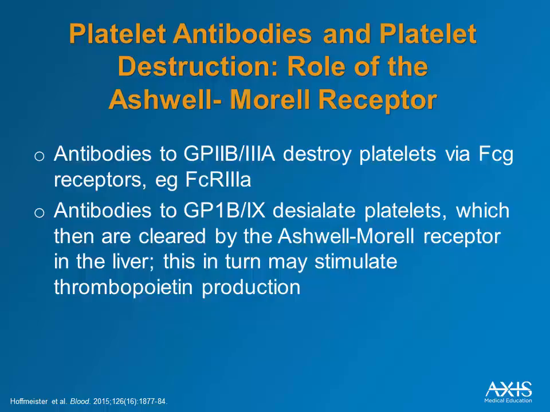In contrast, there is a growing school of thought based on a number of studies in mice primarily, but also in people, that antibodies to glycoprotein 1b9 may act to desialylate platelets, which means to take a terminal sialic acid off the glycoprotein 1b9, and by exposing a galactose, this then leads the platelets to bind to the Ashwell-Morell galactose receptor in the liver, and not only are the platelets thus destroyed in a different fashion, but this form of destruction may stimulate thrombopoietin production.